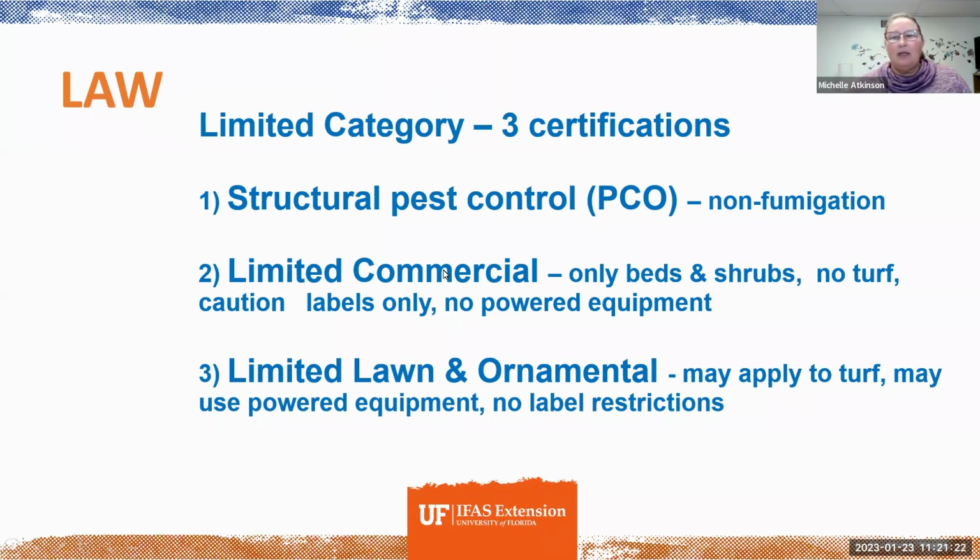Then we have the limited commercial landscape maintenance license. That only allows people to apply in the beds and the shrubs, no turf, and they can only use caution labels. This is your license, the limited lawn and ornamental license, where you can apply in the turf.